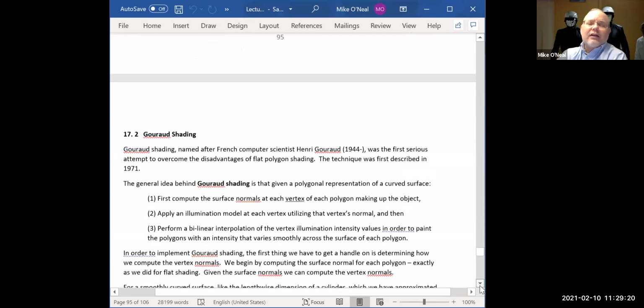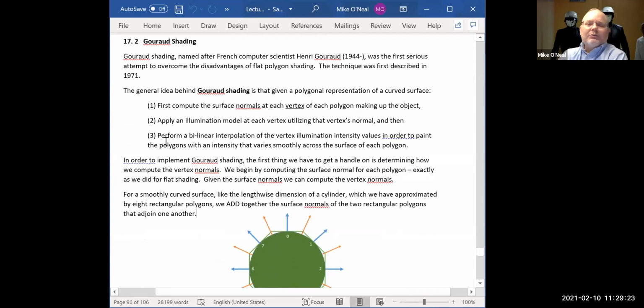Okay, great, but now you just got 4. What are you going to do with them? I'm going to perform a bilinear interpolation of the vertex illumination intensity values in order to paint the polygon with an intensity that varies smoothly across the surface of the polygon. That's a lot of words, but the concept is really simple.